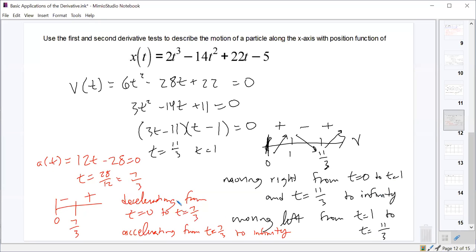I'm still decelerating. And then from 7/3 to 11/3, you're still moving to the left, but you're moving to the left less quickly. So you are accelerating, your actual velocity is increasing again. And then eventually at 11/3, you start moving to the right again.